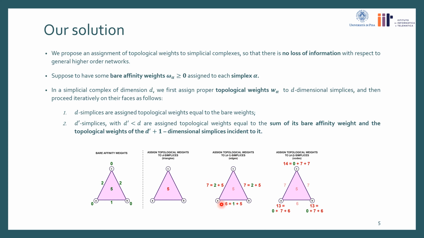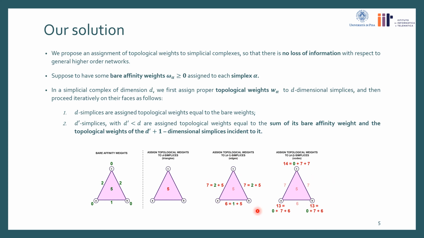Same for the other edges. And of course, the same for the nodes. So the topological weight of a node will be the sum of the topological weights of the edges incident to that node, plus the bare affinity weight of that node. So it's an iterative process, which is pretty intuitive and simple. Notice that everything is linear here.